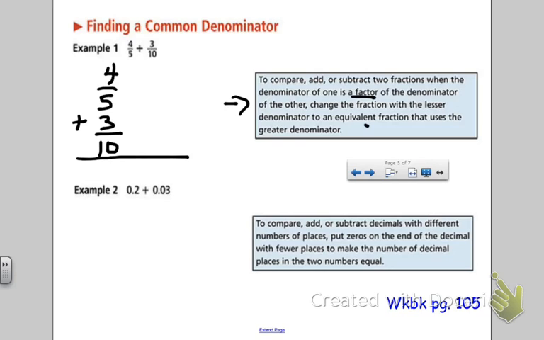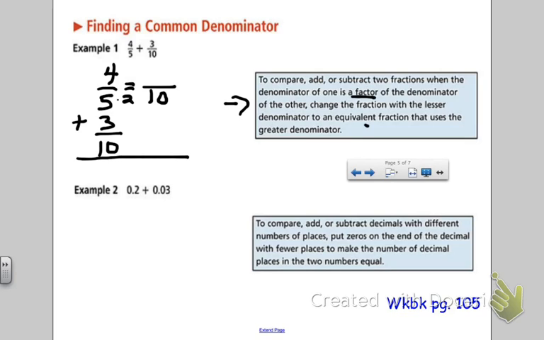You probably know 5 times 2 is going to give you 10. 5 and 2 are factors of 10. So we're going to use that idea to rewrite 4/5 into another fraction that's equal to 4/5, but is going to have that denominator of 10.